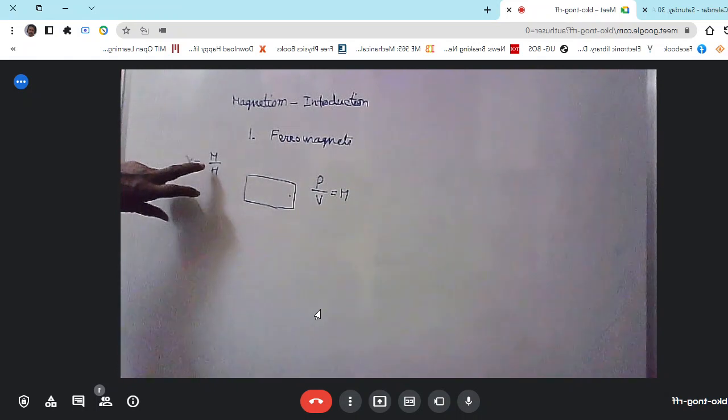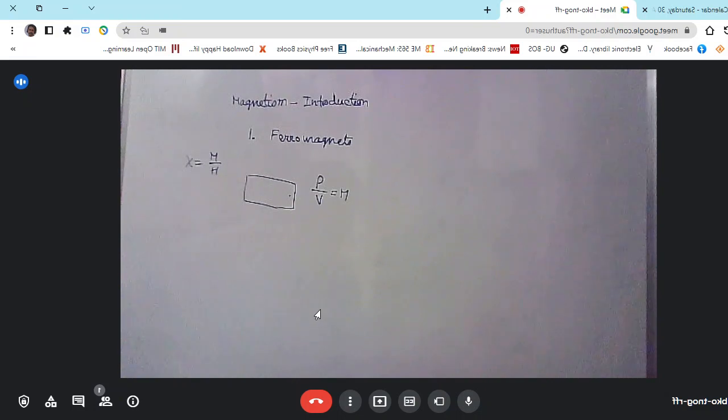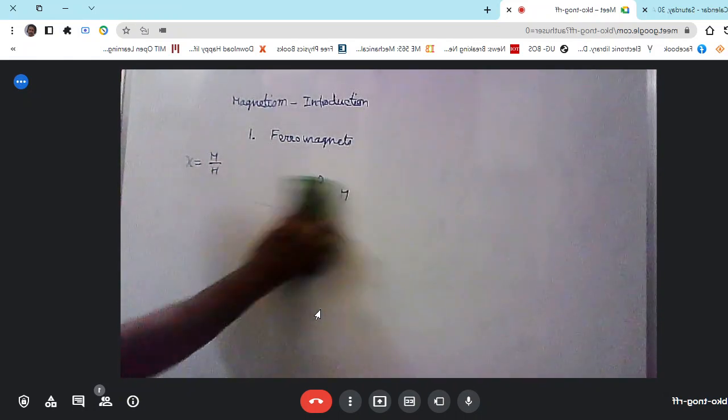Of those samples, the one whose N is the maximum will have the maximum susceptibility, and the one whose magnetization is the least will have the least susceptibility. So chi means how easily you can convert a substance into a magnet. For ferromagnets, this chi is very high.